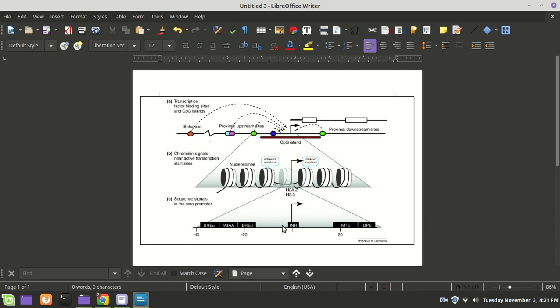But as a rule, you look for them up here first, but it doesn't mean that they can't be after the transcription start site and even into the coding region. That means after the ATG, and then further down even into the first intron, past the first exon. But as a general rule, after that, you don't see transcription factor binding sites.